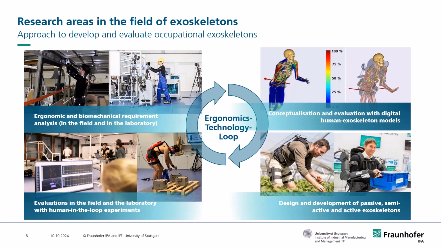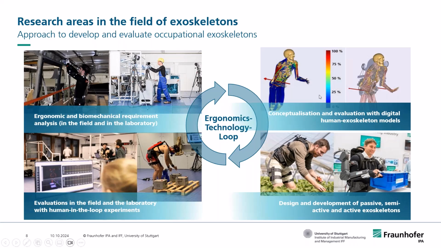Yeah, and this is our research field. This is what we do in terms of exoskeletons at Fraunhofer IPA and University of Stuttgart, IFF. So we do ergonomic and biomechanical requirement analysis in the field and in the lab with our Exsense systems or with other kinds of systems. It always depends on the question.